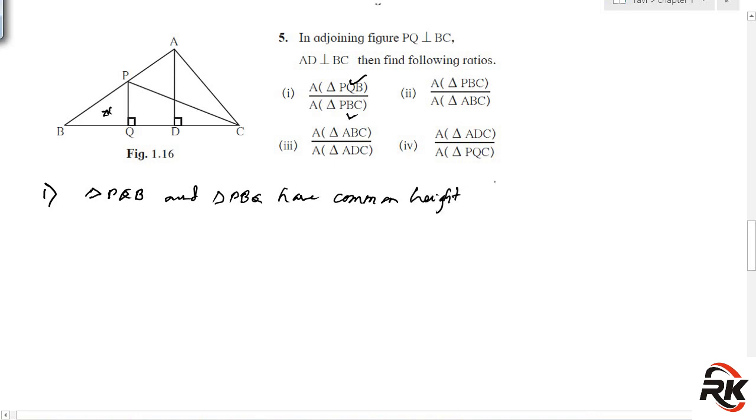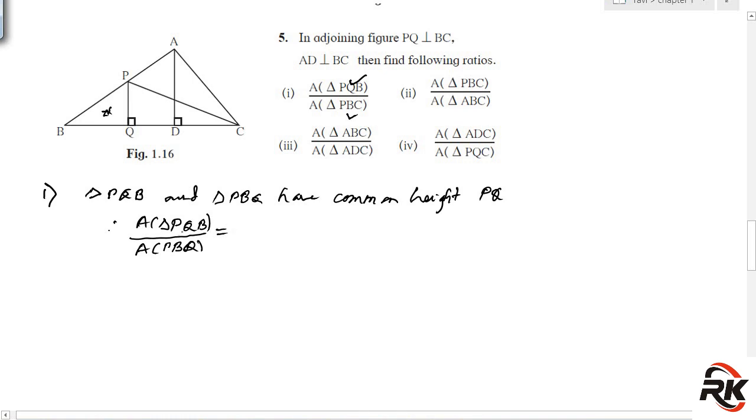Which height? PQ. Using second property, if the height of two triangles are equal, then the ratio of their areas, means area of triangle PQB upon area of triangle PBC is equal to the ratio of their bases.